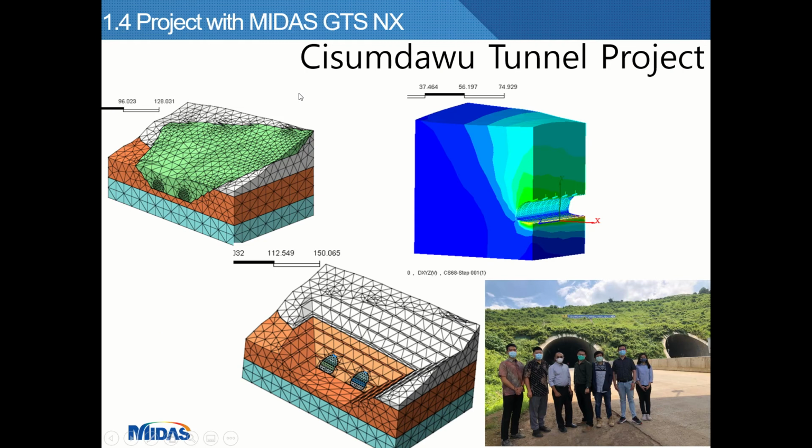Then our company started to use Midas a very long time ago, I think about 2011. So this is one of the prominent projects at the time, the Cisumdawu tunnel project. This is the 3D model, and currently the tunnel has been successfully constructed.